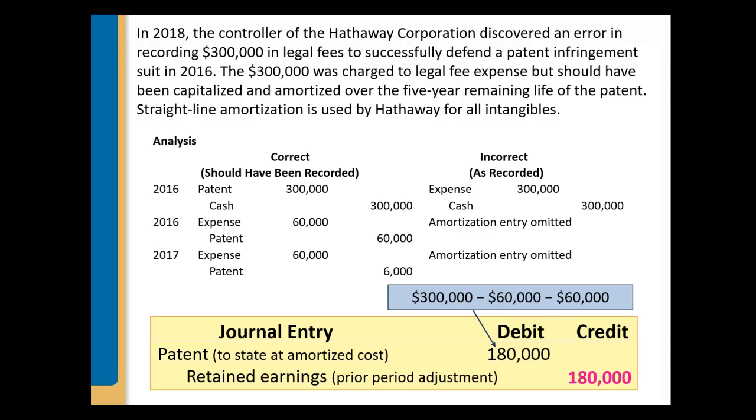So the 2016 and 17 financial statements that were incorrect as a result of the error are retrospectively restated to report the addition to the patent and to reflect the correct amount of amortization expense, assuming both statements are reported again for comparative purposes in the 2018 annual report.